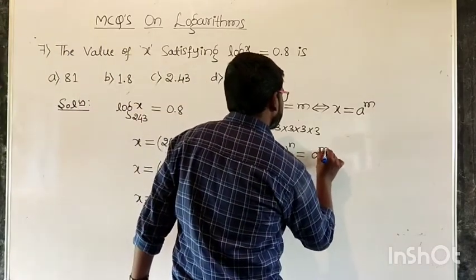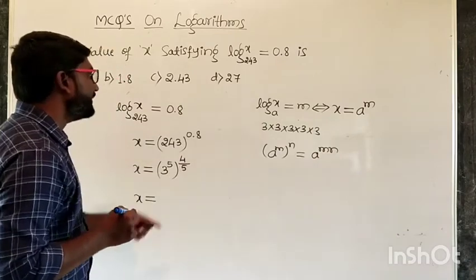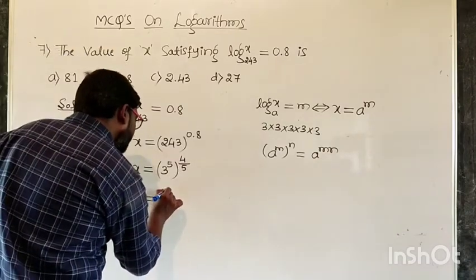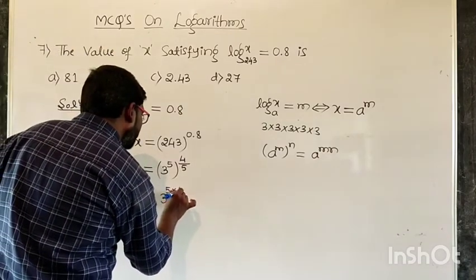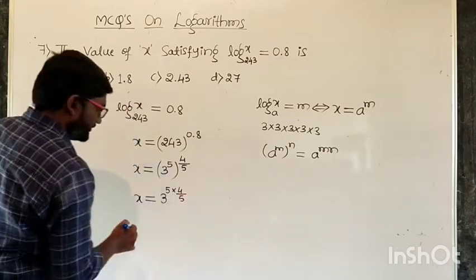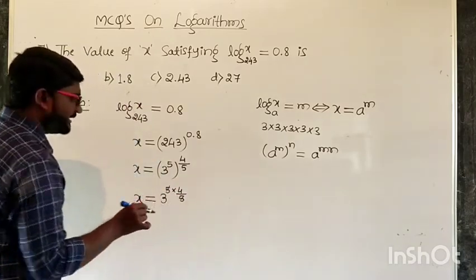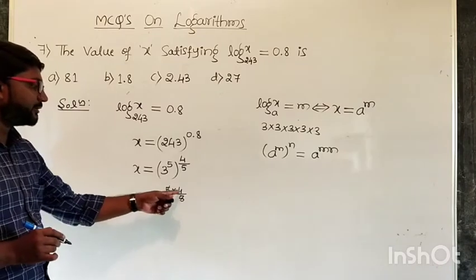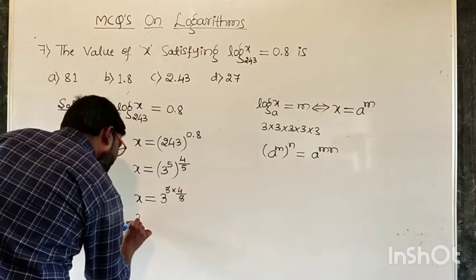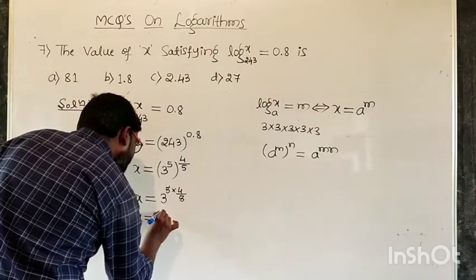So these two will be multiplied: 3 to the power 5 into 4 by 5. Here 5 and 5 get cancelled. We have 3 to the power 4. x is equal to 3 raised to 4.